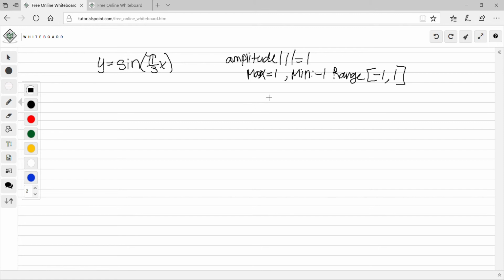Period is 2 pi over b, which is 2 pi. Our b is pi thirds, right? Pi third. When you do the work, you put it in brackets and multiply everything by 3, and you should get 6 pi over pi, which is just 6.